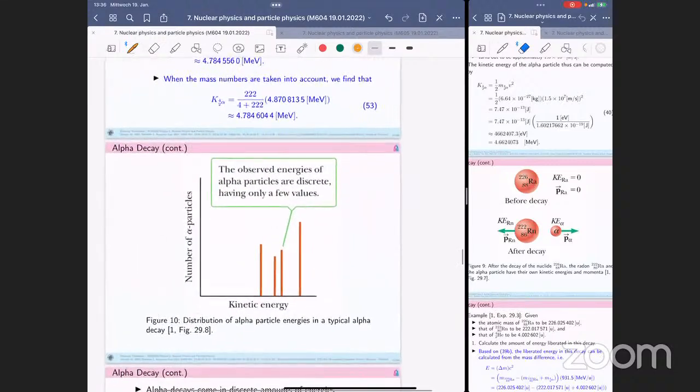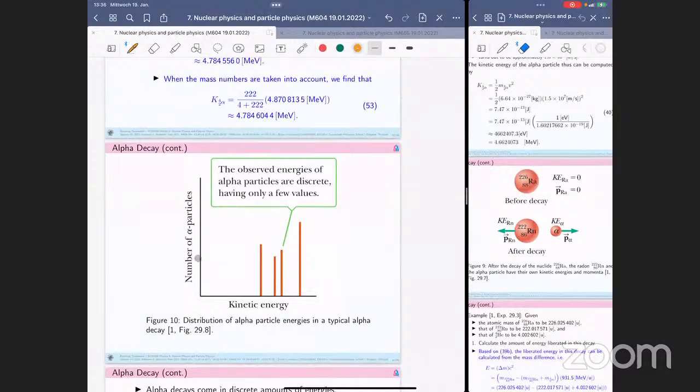You have seen 3 examples of alpha decay in a numerical way, and of course, in physics we have to compare it to the realistic measurement, and the observed energy of the alpha particle is shown here.